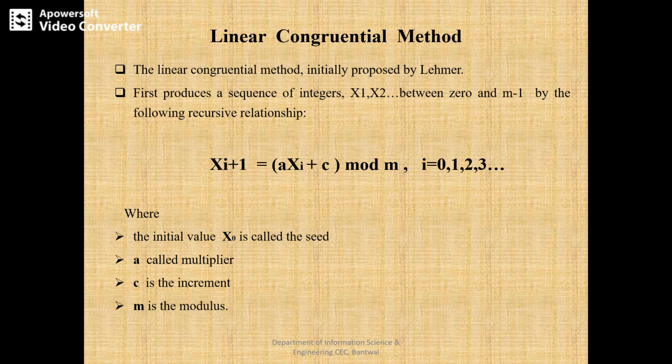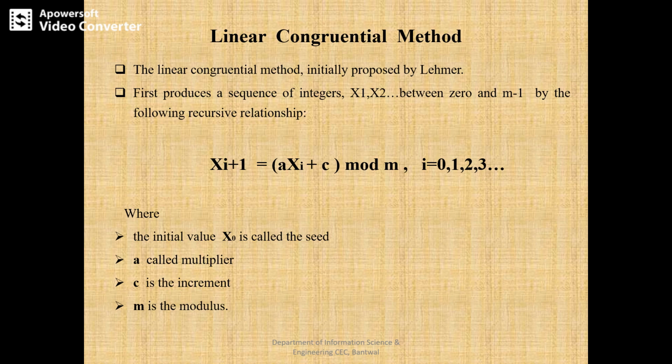The linear congruential method, initially proposed by Lehmer in 1951, first produces a sequence of integers X1, X2, X3 and so on, between 0 and m minus 1, by the following recursive relationship.